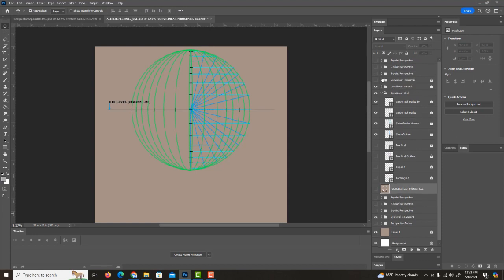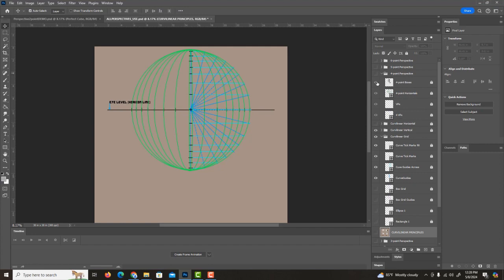For your 4-point perspective, let's go look at our 4-point perspective here. So you want to place your 4 vanishing points at the north, south, east, and west of this sphere. So there's your 4 vanishing points.